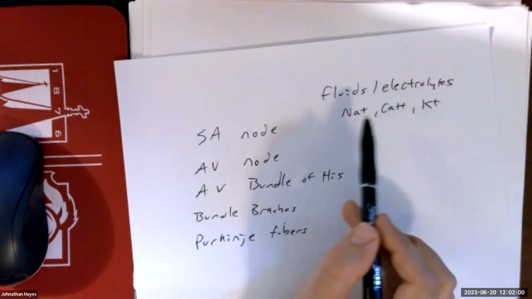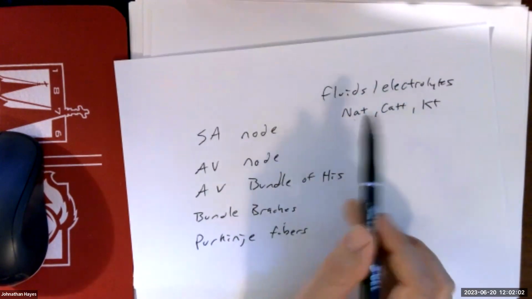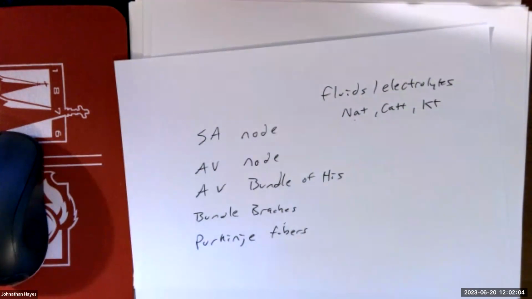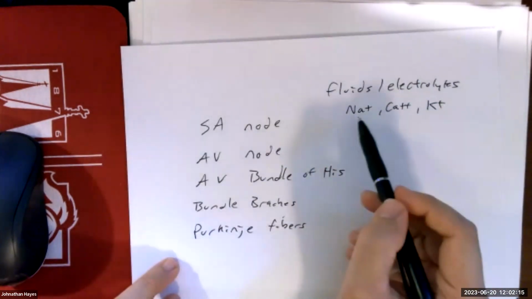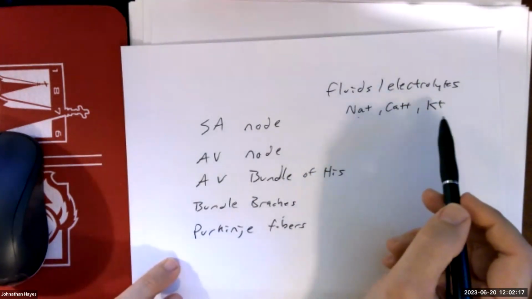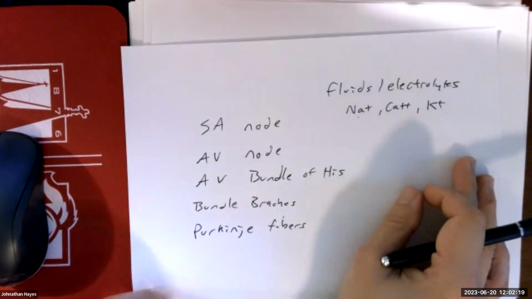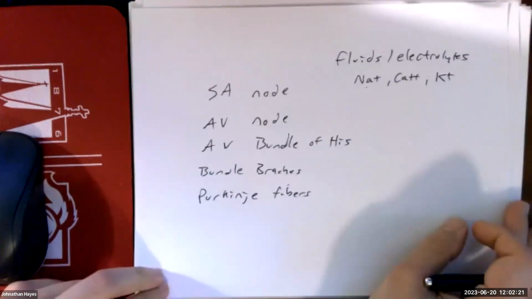And so if it's having to go against too strong a gradient, or the gradient's not strong enough, that's going to change the rate at which these things will fire. So the heart can go either too slow and fire very weakly, or the heart might go too fast, or the heart might contract and have a difficult time relaxing. So when a person's hyper or hyponatremic, calcemic, or kalemic, heart is a big deal, right? It's going to affect the heart.